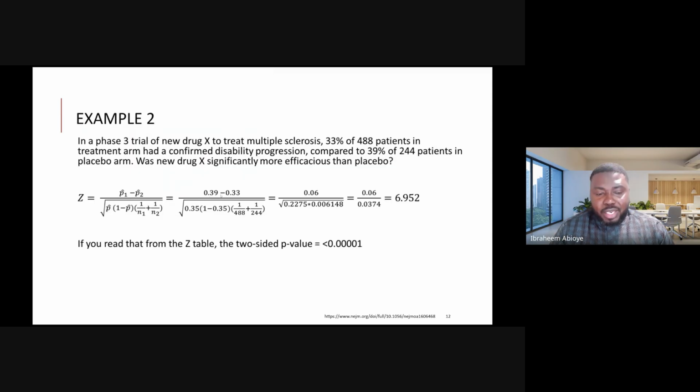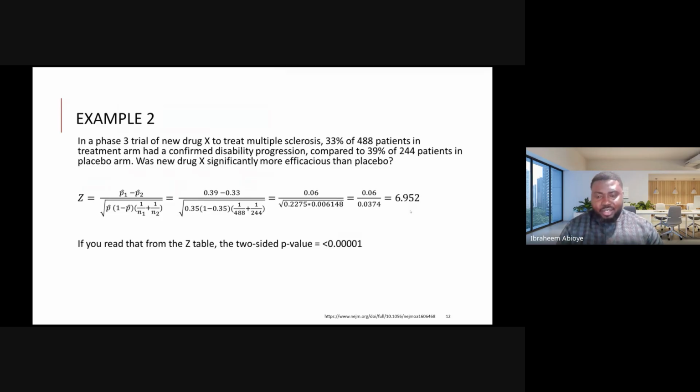And then you subject that to this formula. It doesn't matter which one you call P1 or P2. If you put this in front, then you have a negative, which you can take the absolute value of. If you put this at the back, then you will need the negative sign, but ultimately you will calculate a Z statistic.